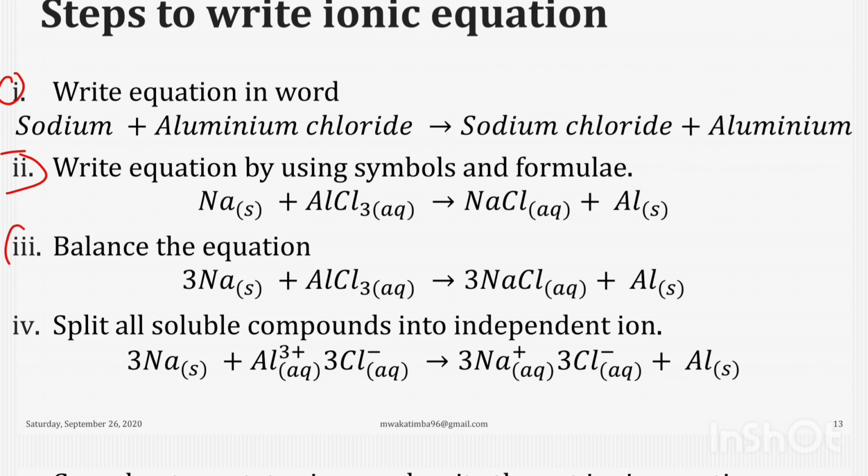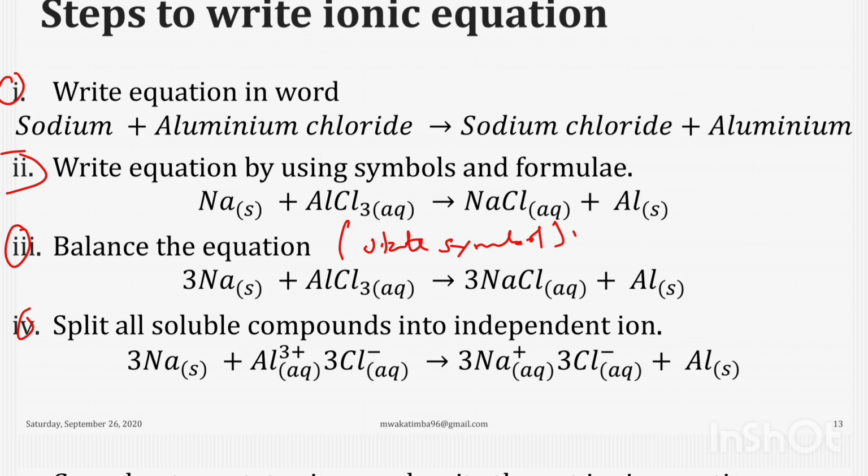The third one is to balance the equation as we discussed previously. Another step is to split all soluble compounds into independent ions. But here in balancing the chemical equation, make sure that you add the state symbols. State symbols must be written for the species that you have.